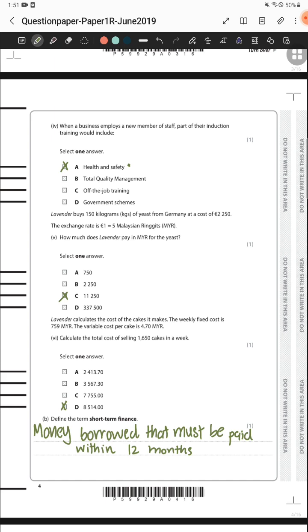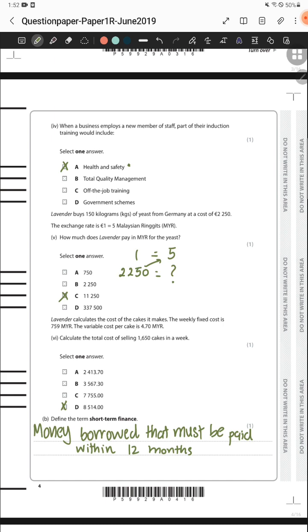So what you'll have to do is basically just substitute. You have 1 and 5, and you're missing the ringgit, but you have this euro amount. So what you basically have to do is multiply them together to get this answer. Basically cross multiply.